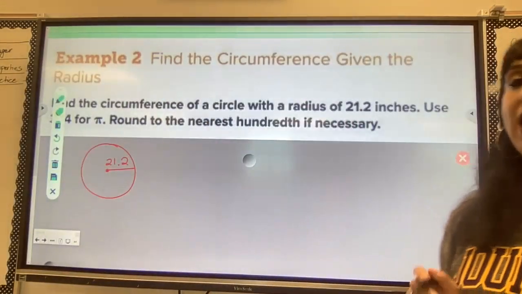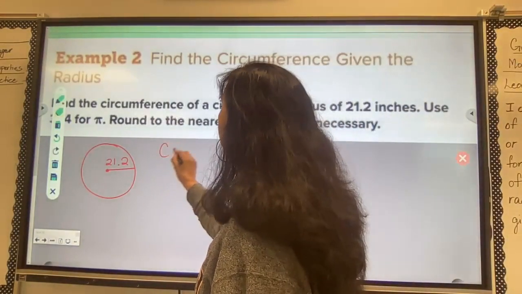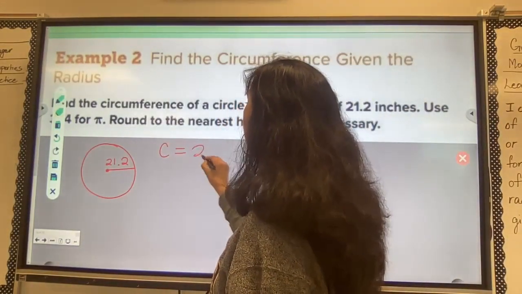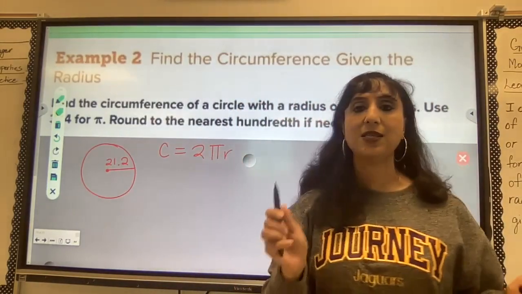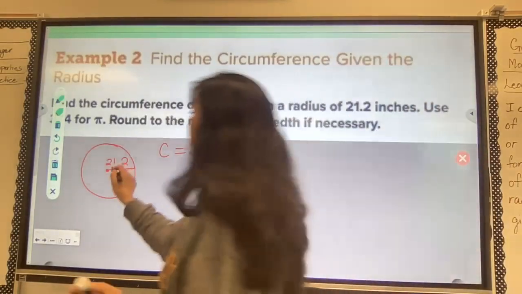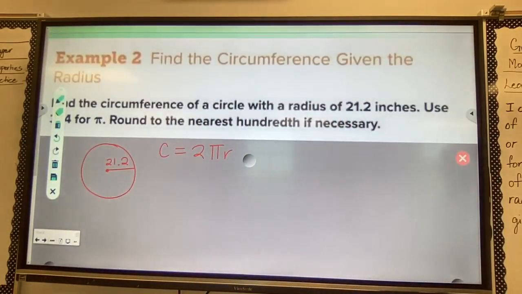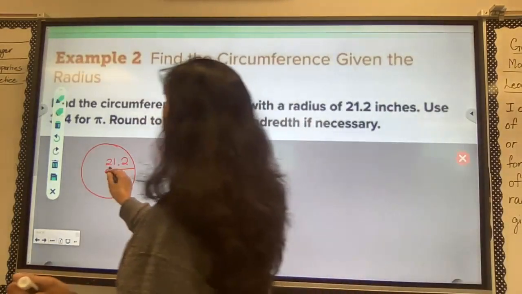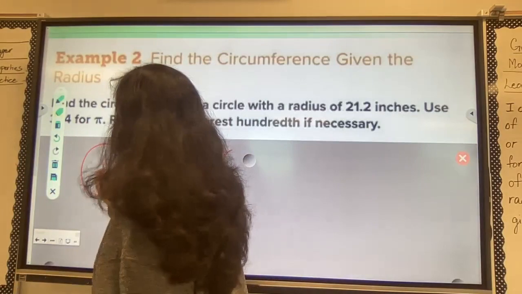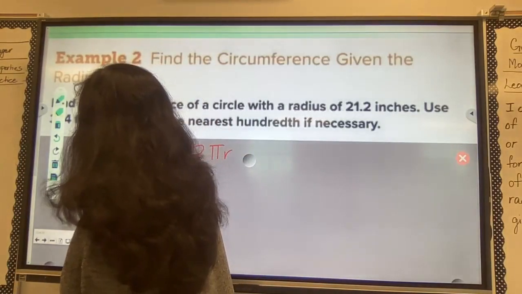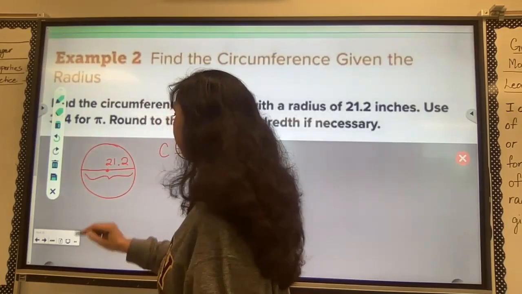Now I know that if the radius is given, I can use the formula circumference is equal to 2 pi r, because two radiuses make one diameter, this plus this. If I did 21 and 2/10 times 2, what would I get? This whole thing. So if I just did this right across, what would my diameter be?